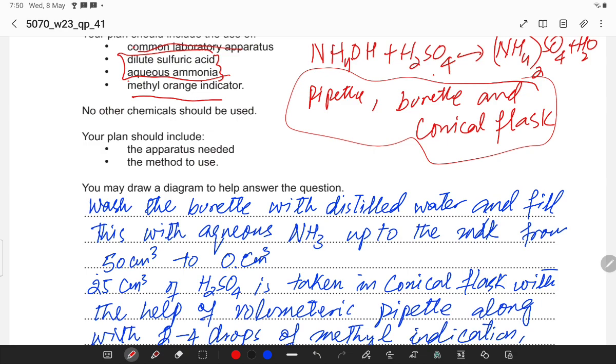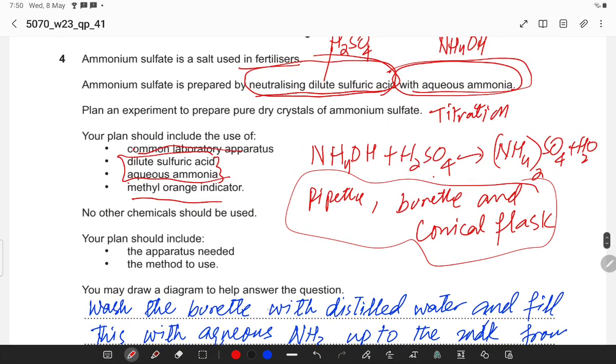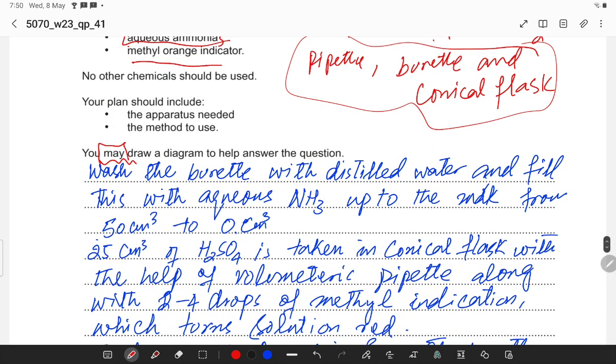Your plan should include apparatus needed, the method to use, and you may, not compulsory, but you can draw a diagram as well, like this. This is the diagram you must draw.